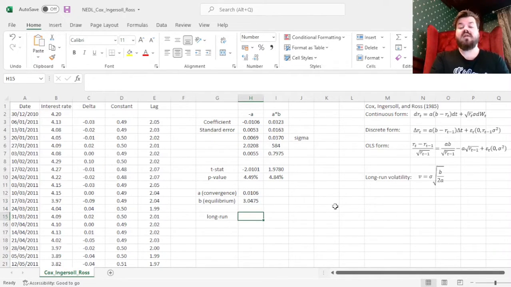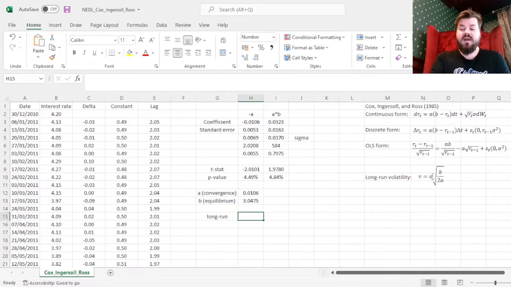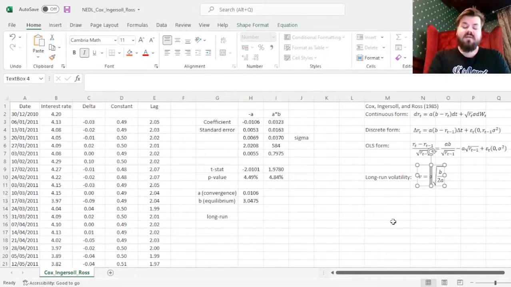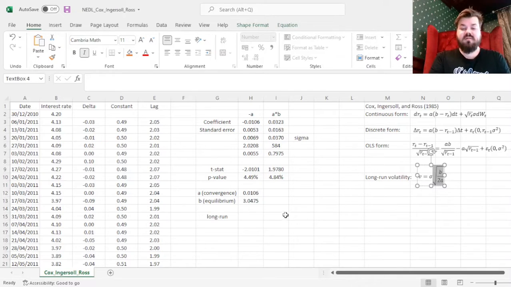To estimate the long-run volatility in the Cox-Ingersoll-Ross model, we need to use the already well-known expression that has to do with the short-term volatility sigma, given in this model as the standard error, as well as the coefficients of the model itself.